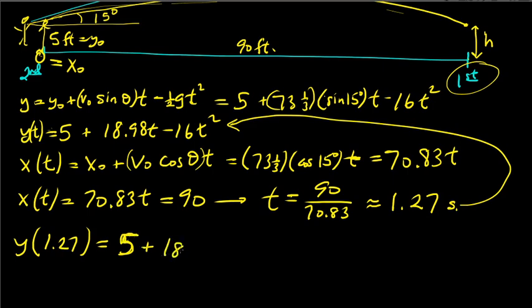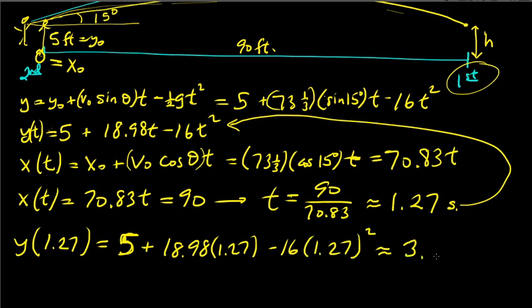Plus 18.98 times 1.27 minus 16 times 1.27 squared. Again, plug all that in your calculator. And I get 3.2982 feet, so we'll say about 3.30 feet.